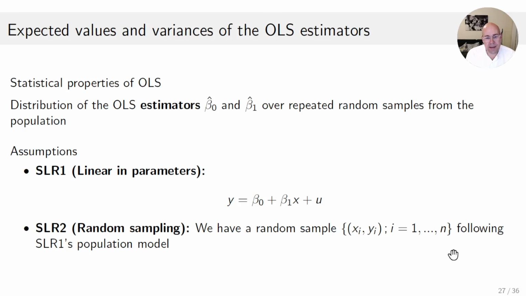The second assumption is random sampling. That's basically saying we have cross-sectional data. So we have a random sample x_i, y_i, always pairs, i runs from 1 to n, and they follow the population model in assumption number 1, that linear model.